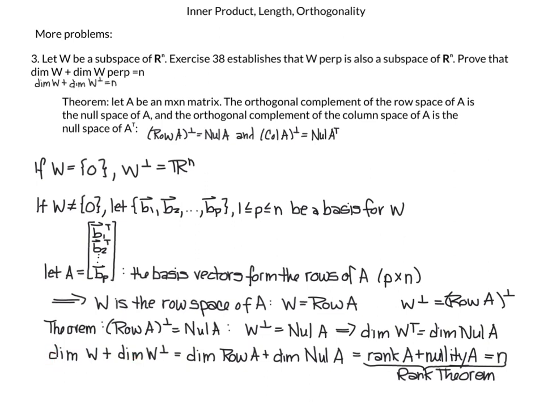Well, W is equal to row A, so that's the dimension of row A plus the dimension of null of A. And then we know from the rank theorem that the rank of A plus the nullity of A is equal to n. So now the dimension of row of A plus the dimension of null of A is equal to n.